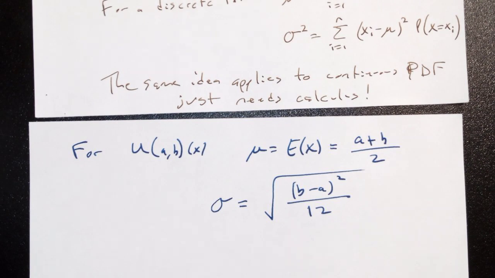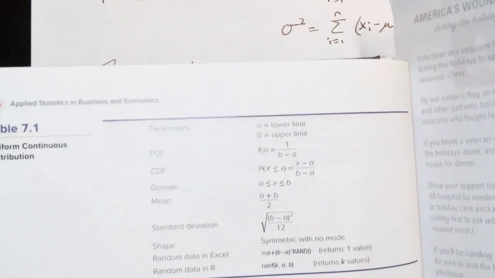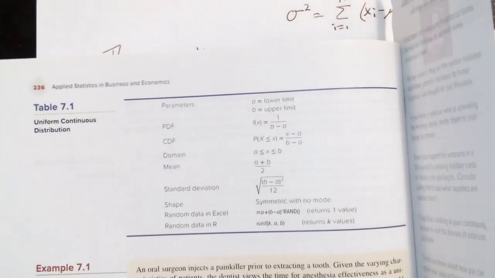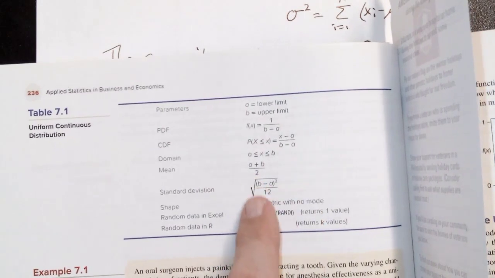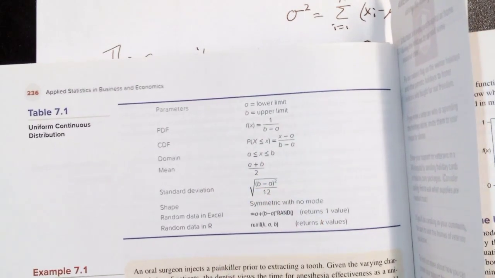All of these formulas appear, all of the numbers here, at the top of page 236. There's our PDF, our CDF, the average, and the standard deviation. And what's more, there's an Excel command.